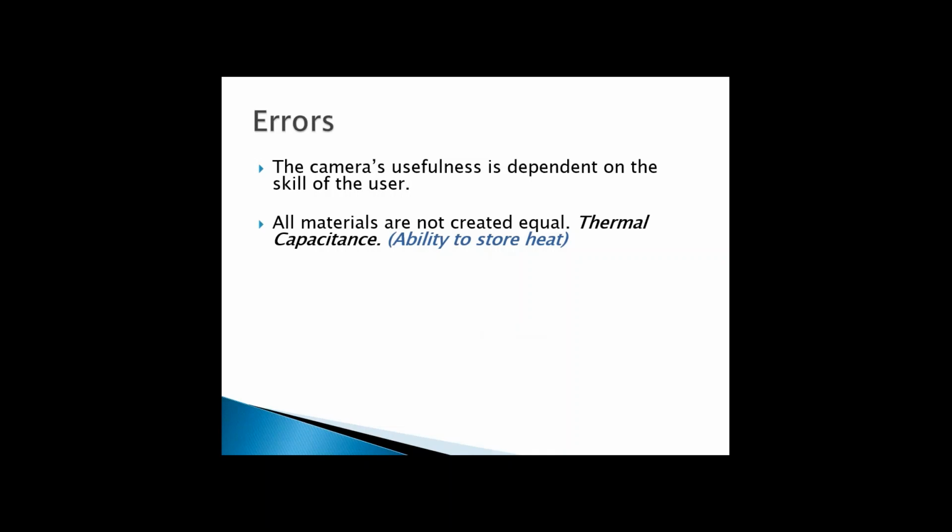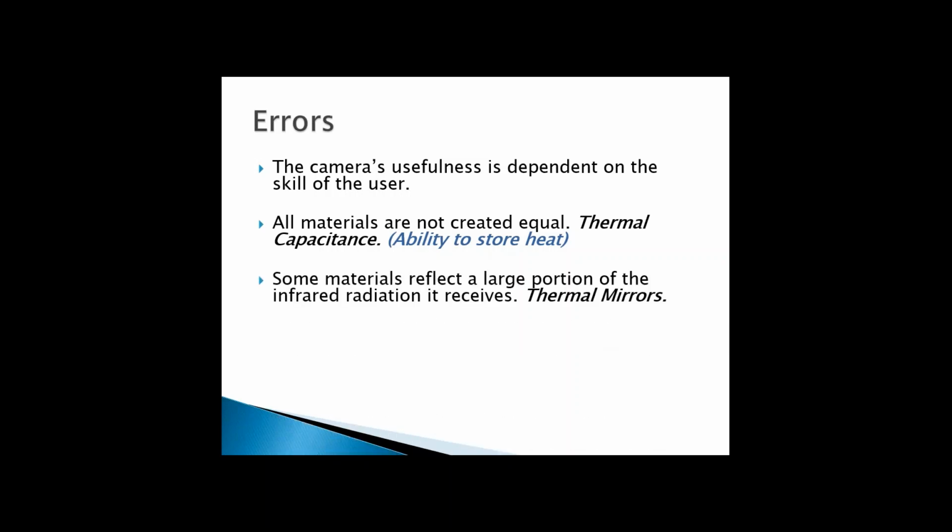The user has to understand the term thermal capacitance, or a material's ability to store heat. Some materials reflect a large portion of the infrared radiation they receive, such as that copper pipe we just talked about, and they're called thermal mirrors. So basically, the mass that receives the heat is going to reflect more heat than it emits. And we'll talk about those terms here in a little while.